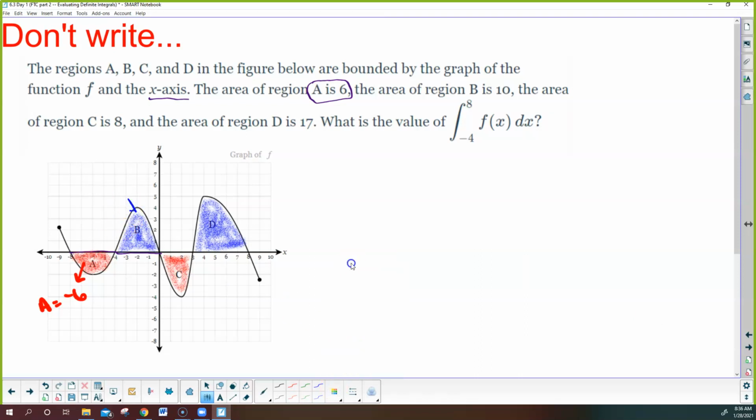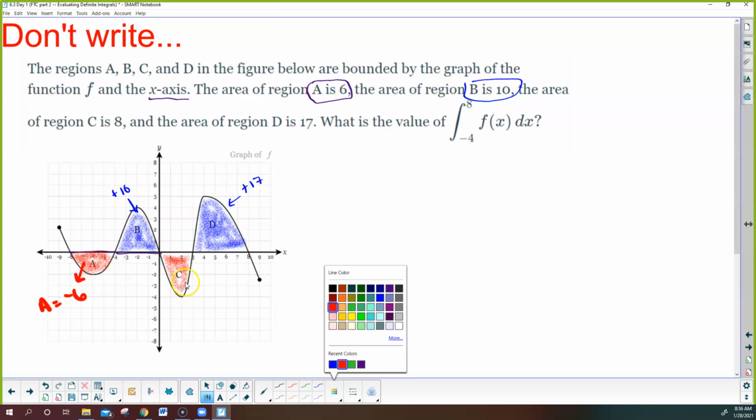If this was a test question and I could write on the test, I would just say, okay, what is region B? Region B is a positive 10 because it's above the x-axis. Region D is a positive 17 because it's above the x-axis. And region C is below, so it's a negative 8.